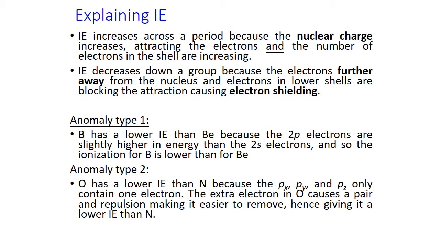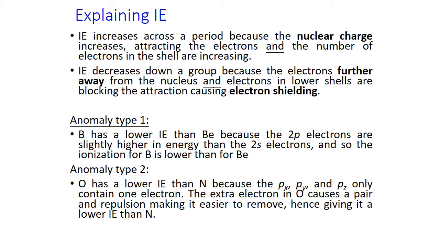As a summary, the ionization energy, or IE, increases across the period because the nuclear charge increases, so there's more effective positive charge attracting the electrons as the number of electrons in the shell is increasing. And as it goes down the group, electrons are now further away, so there's less effective positive charge, because the inner electron shells closer to the nucleus are shielding the outer electron shells.